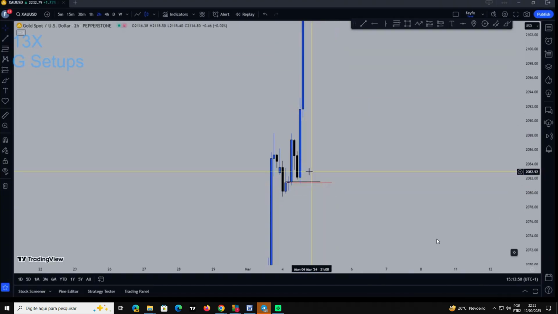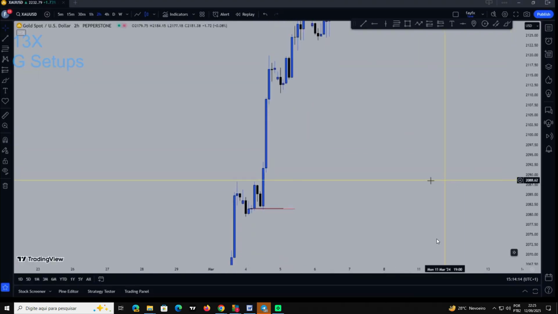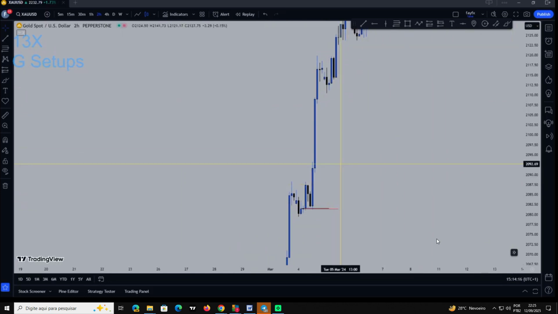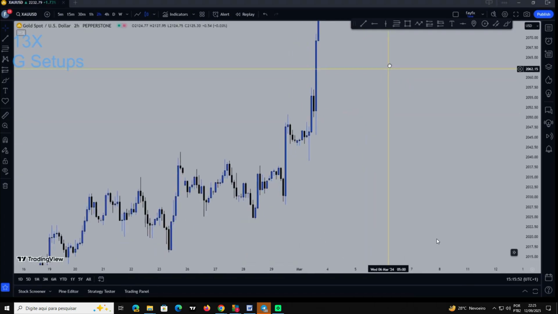Look how price came down to that level, a bullish gap CC that is below the main gap, then flies all the way up. It's amazing.